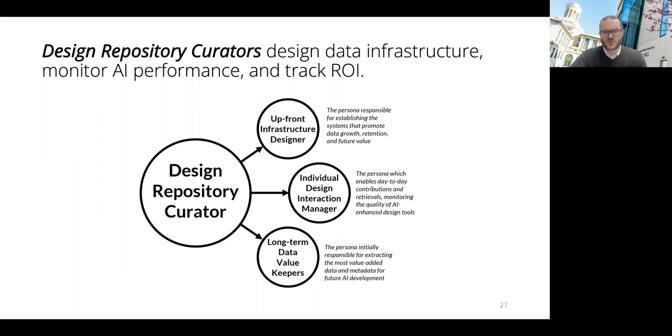But the most important role I think that this person would fill in an organization is to track and communicate the investment and the return on investment for AI ML efforts. And in order for AI and ML initiatives to survive, that ROI needs to be very clearly communicated. I'm doing a project right now in the construction industry, and that's one of the biggest barriers for effective integration of AI and machine learning. So design repository curators are where it starts, right? They get the data, they make the data accessible.